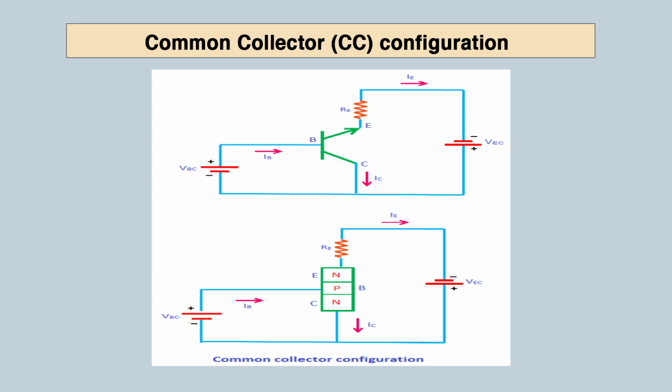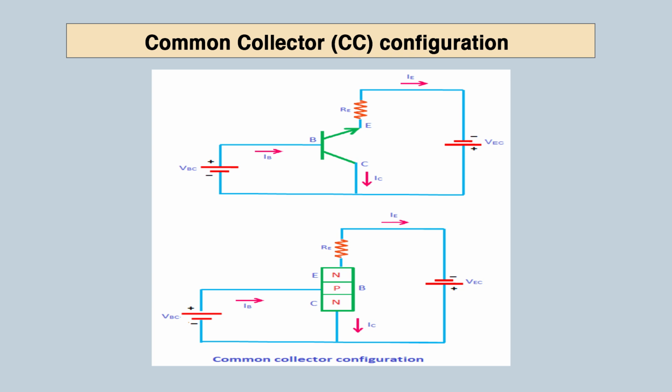The common collector or grounded collector configuration is generally used when a high impedance input source needs to be connected to a low impedance output load requiring a high current gain. This is the output characteristics for a BJT in common collector configuration.